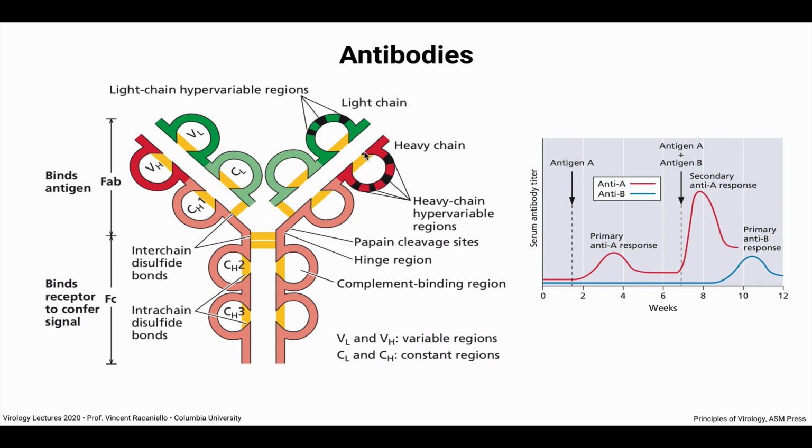And the top part of the antibody, called the Fab fragment, that's the part that binds the antigen. The lower part, the Fc portion, binds a receptor and has other functions.